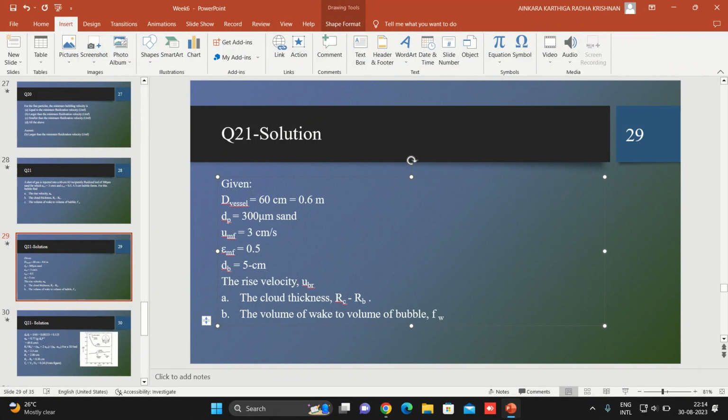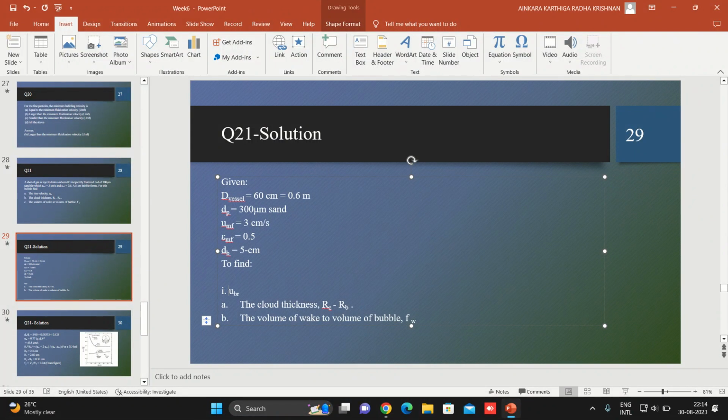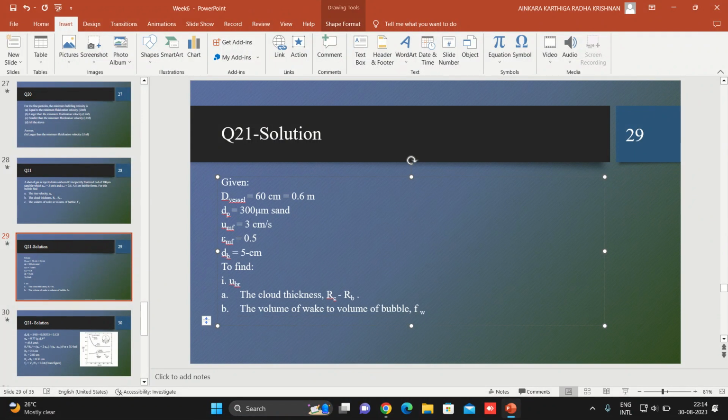Now to find the rise velocity UBR and cloud thickness RC minus RB. RB is the radius of the bubble and RC is the cloud radius, so we need to find the thickness of the cloud, which is RC minus RB.